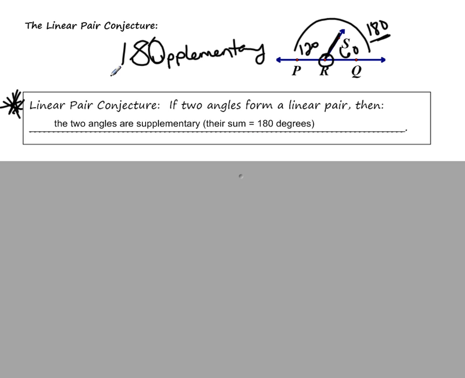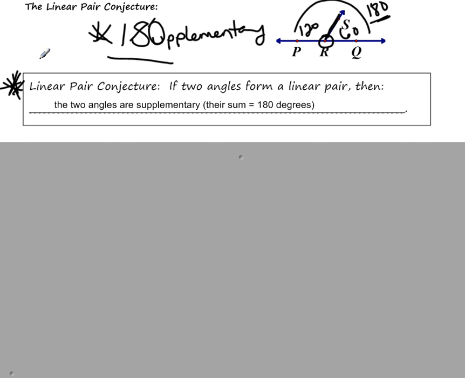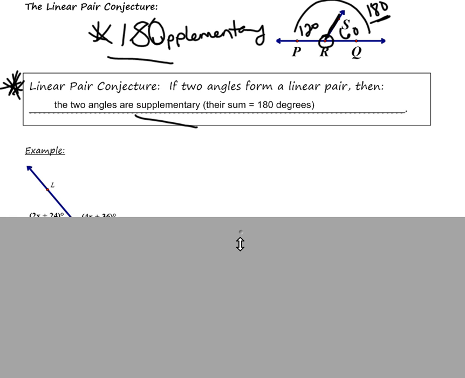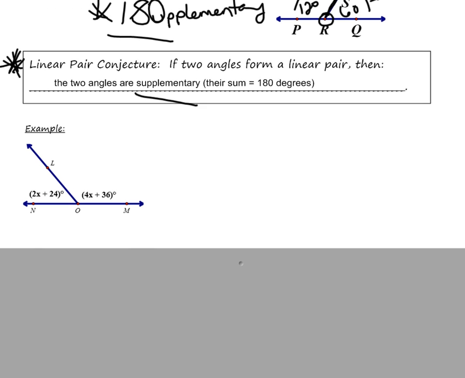So any way that you can think of to memorize that supplementary is your 180 degrees, whereas complementary is your 90 degrees, that's going to help you out a lot. If you don't have this conjecture memorized, and you don't have the word supplementary memorized, you're not going to be able to be successful in this class, at least.